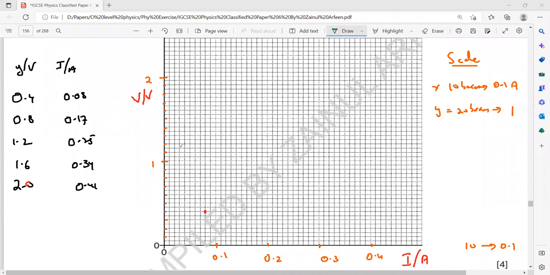Then 0.8 and 0.17, so this is 0.17. Then 1.2 and 0.25. So 0.25 will be 5 boxes, 1, 2, 3, 4, 5, and the voltage is 1.2.